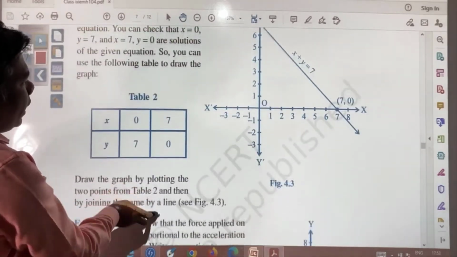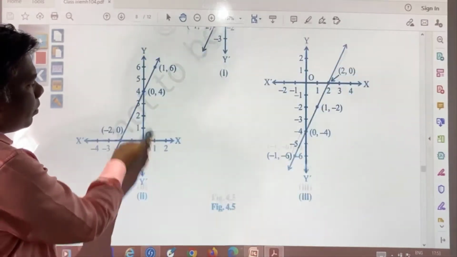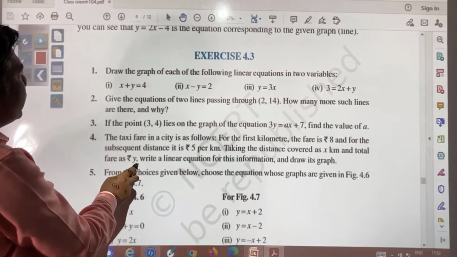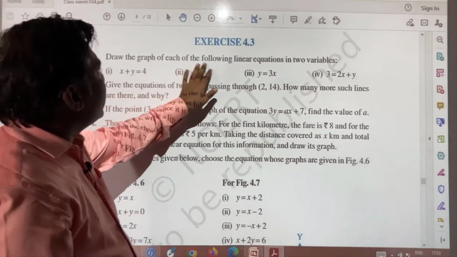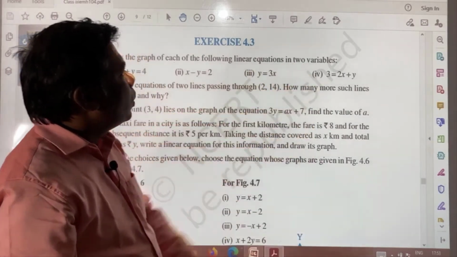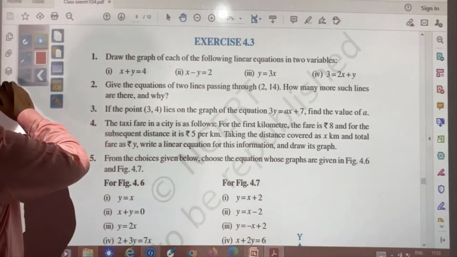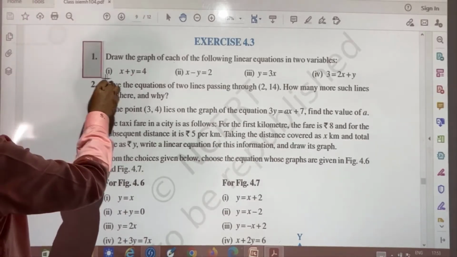Now we will see directly our exercise. These things you go through by yourself. Here you see exercise 4.3. Draw the graph of each of the following linear equations in two variables. At least one I will make you understand, so that you will be able to do it.